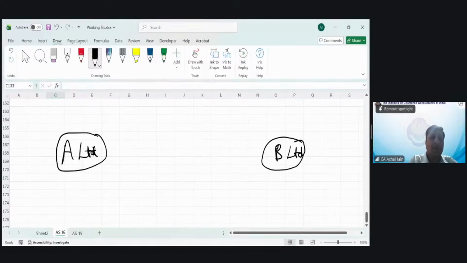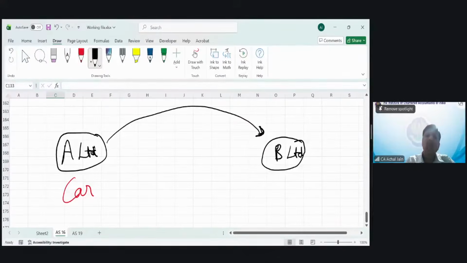I'm talking about a car. Who is the owner of this car? A Limited. B wants to use this car, so A and B can enter into a contract. The arrangement of the contract is that A will give the car to B Limited for use.